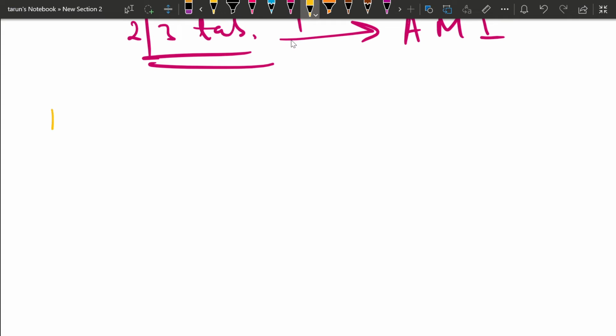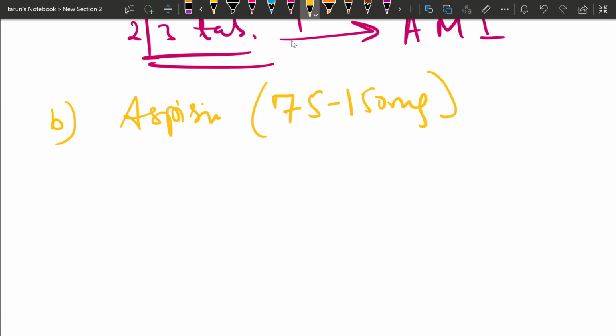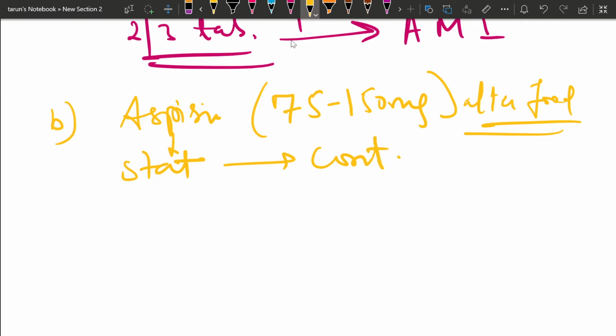After the nitrate, you also give aspirin at a dose of 75 to 150 mg orally. You first give it stat and then continue it indefinitely, one tablet daily after the meal.